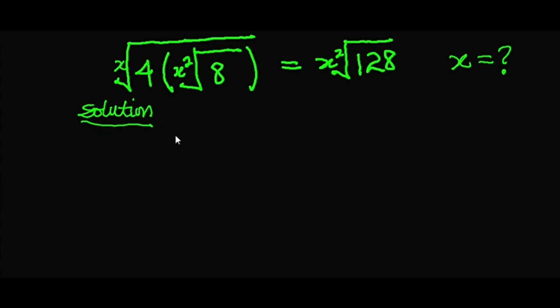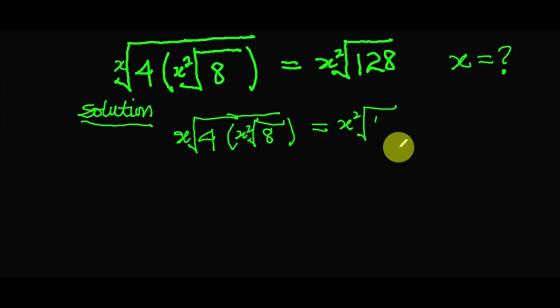We have the equation: the x-th root of 4 times the bracket x-th root of 8 equals the x-th root of 128. So let's break this one.